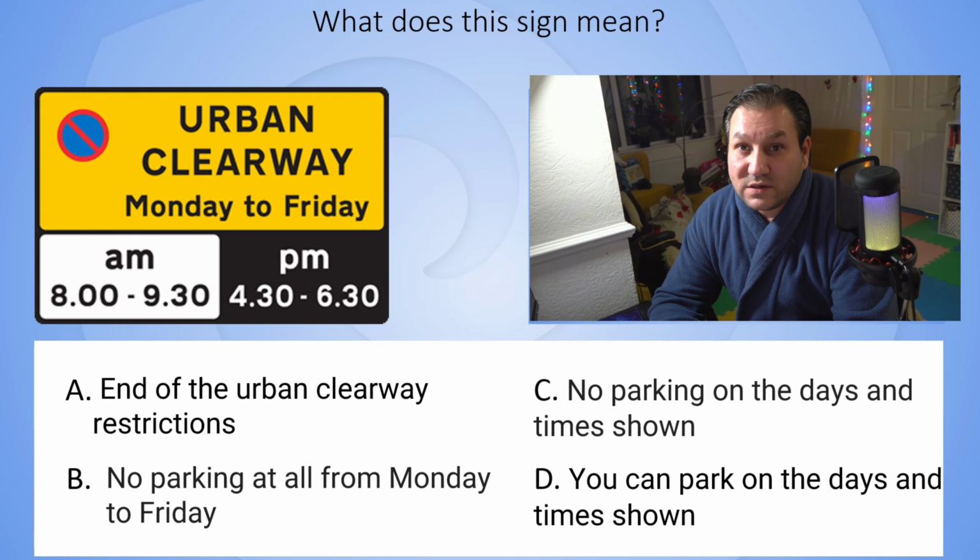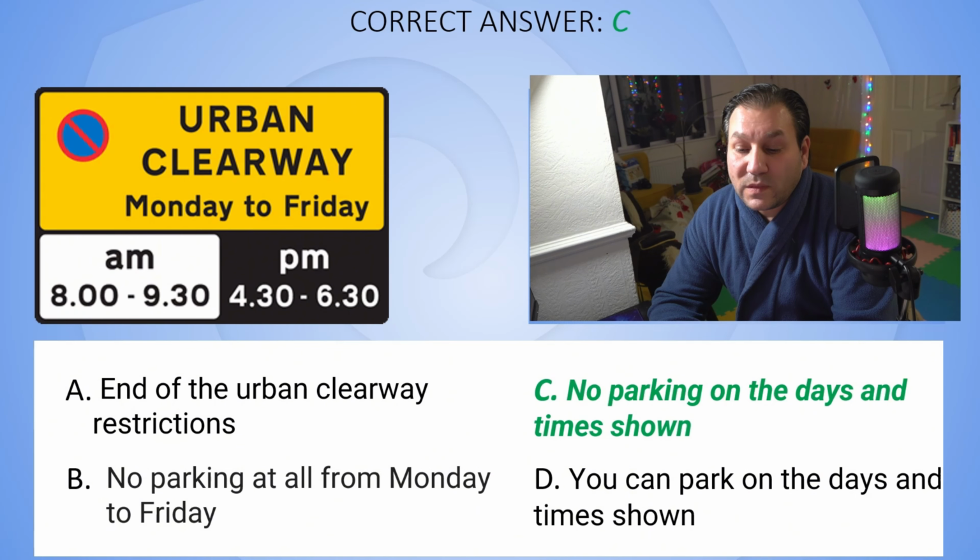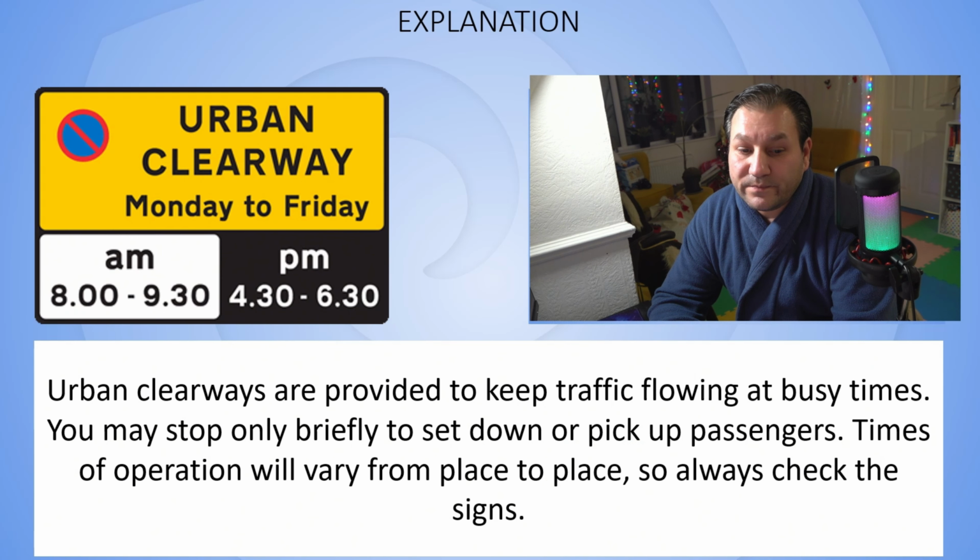The correct answer is C. No parking on the days and times shown. Explanation. Urban clearways are provided to keep traffic flowing at busy times. You might stop only briefly to set down or pick up passengers. Times of operation will vary from place to place, so always check the signs.